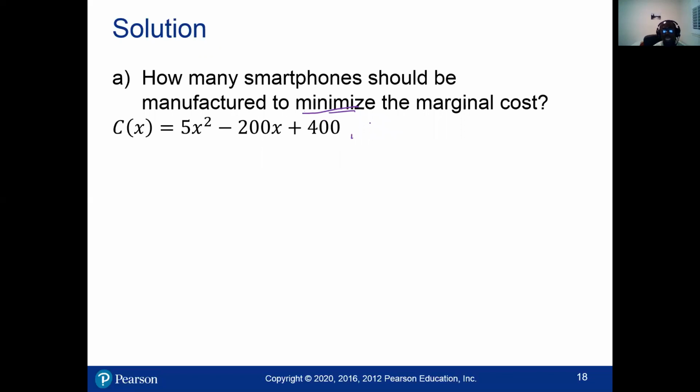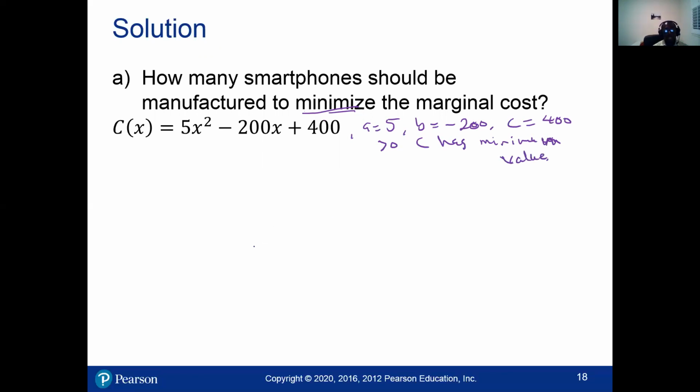Of course, you know that A is 5, B is minus 200, and C is 400. Now A is greater than 0, and therefore C has a minimum value.